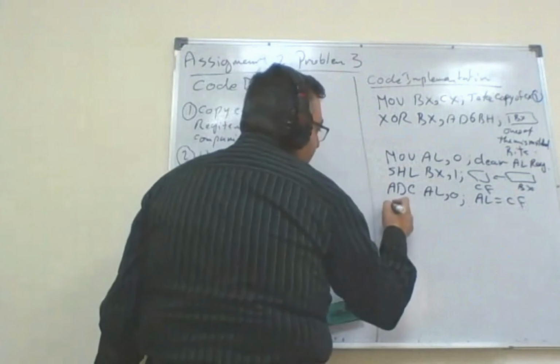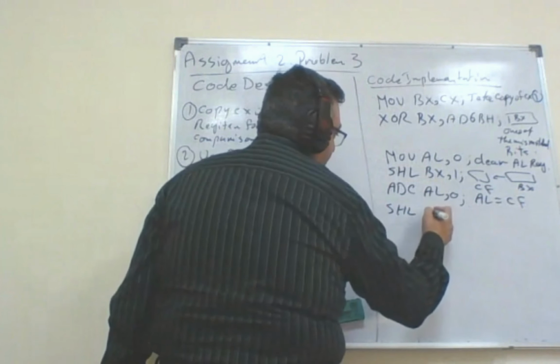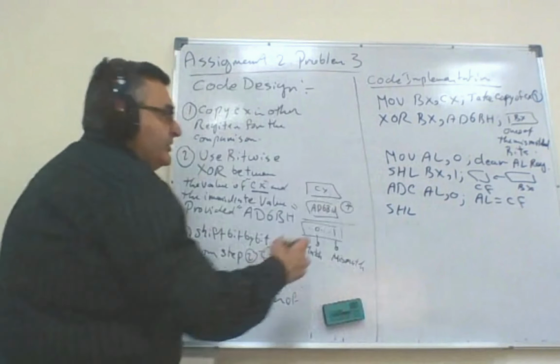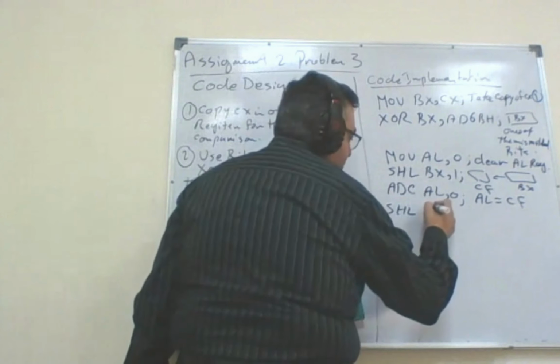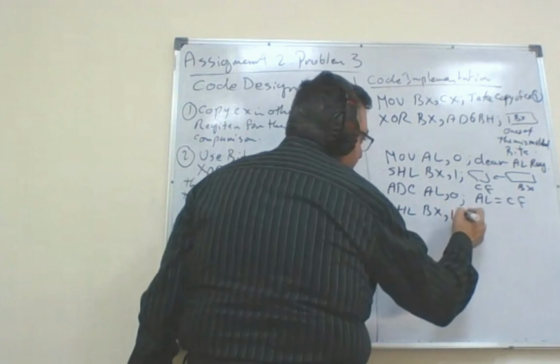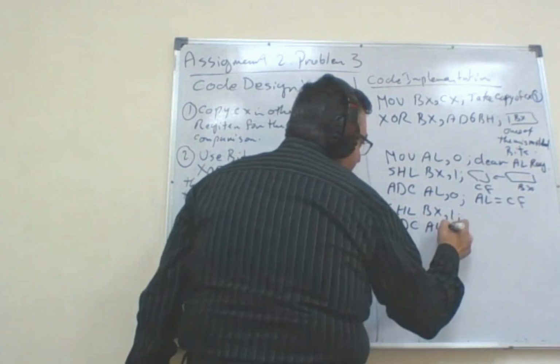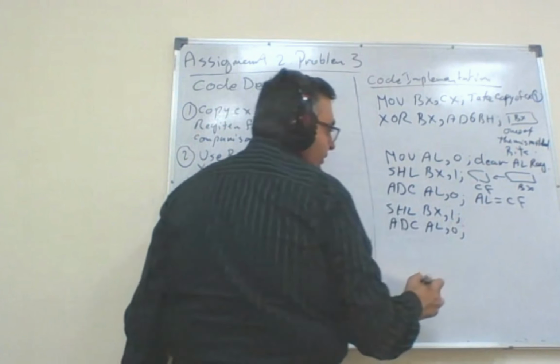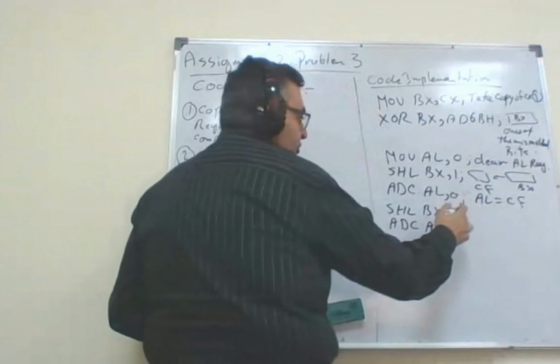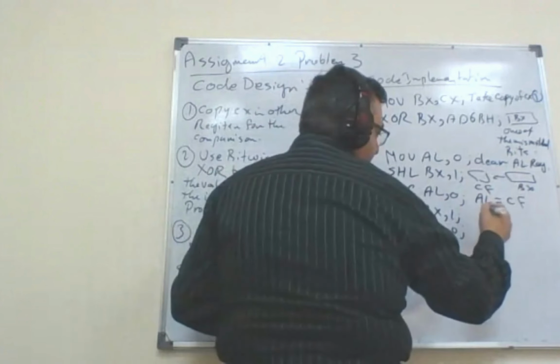I will repeat this 16 different times. Now shifting BX again, and add with carry AL, 0. So those two instructions, shifting and adding with carry, are repeated.